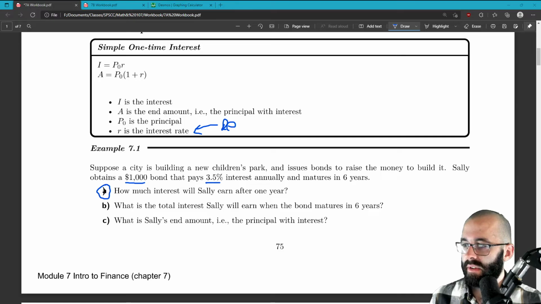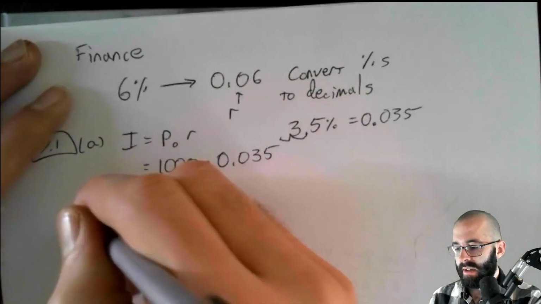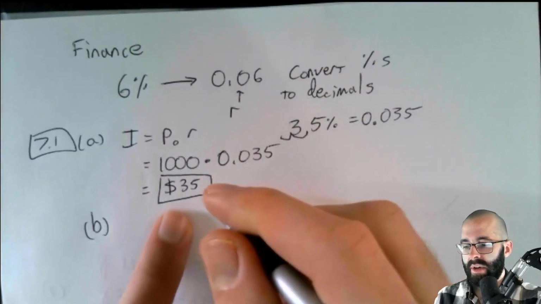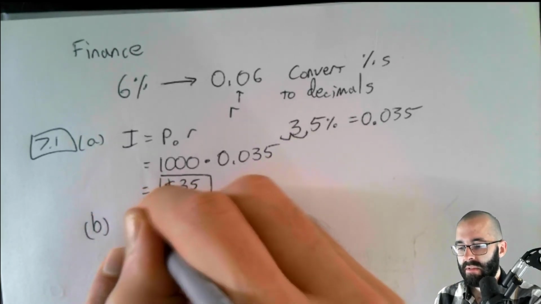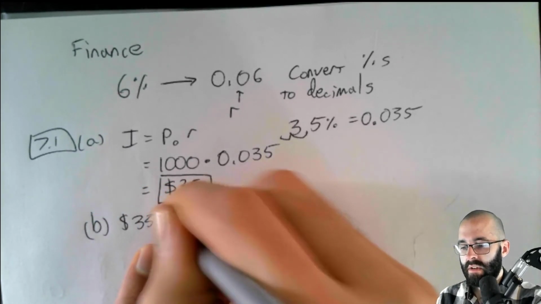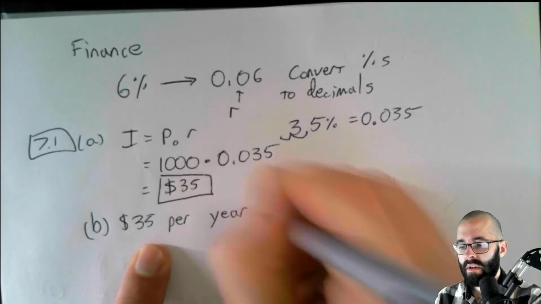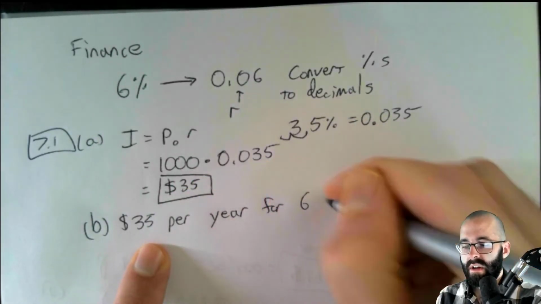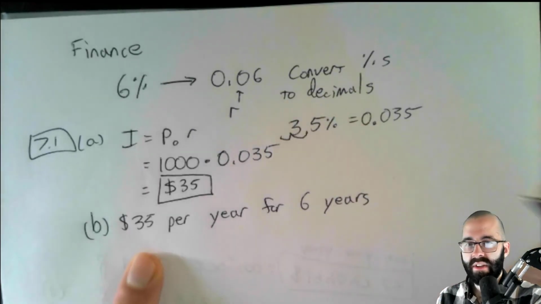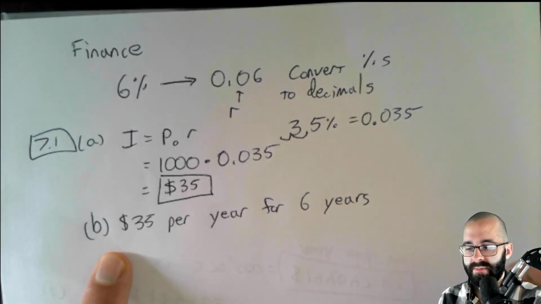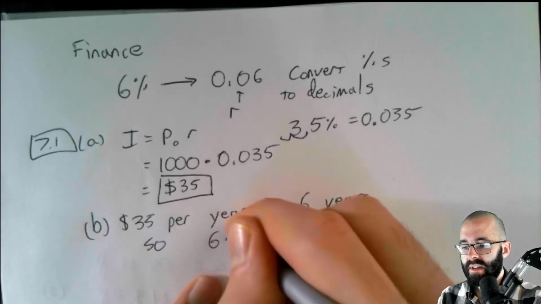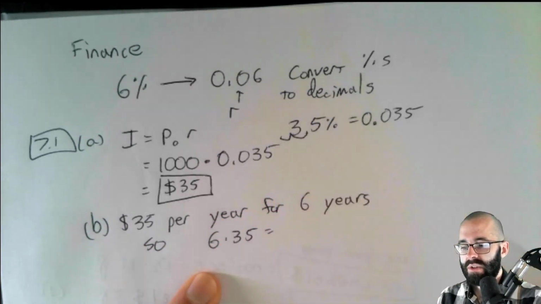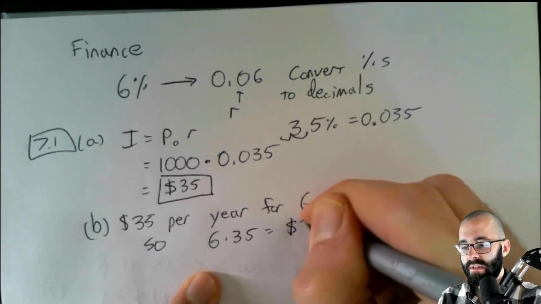So in part B, in 6 years, she's making $35 every year in interest for 6 years, according to this simple one-time interest formula. So in 6 years, it's just 6 times 35, which is $210.